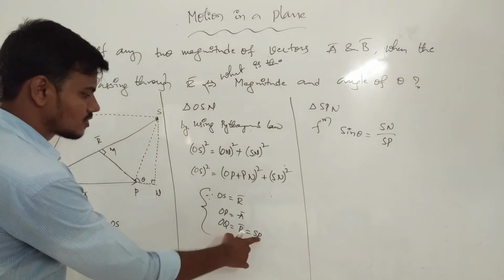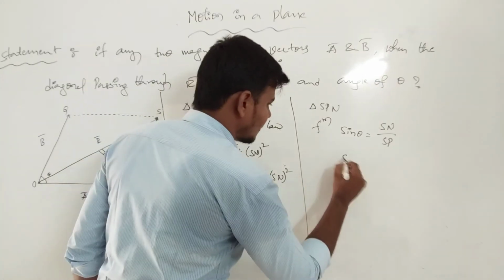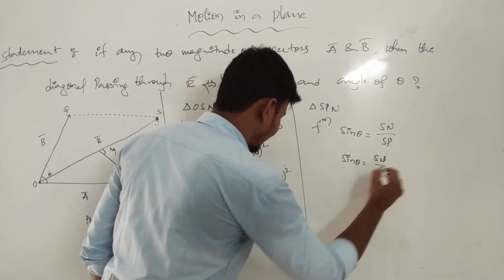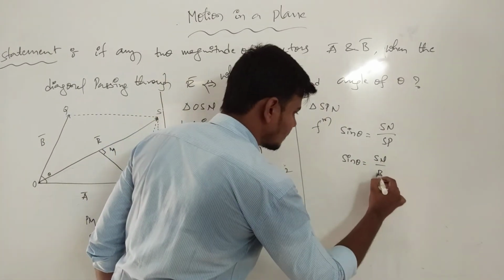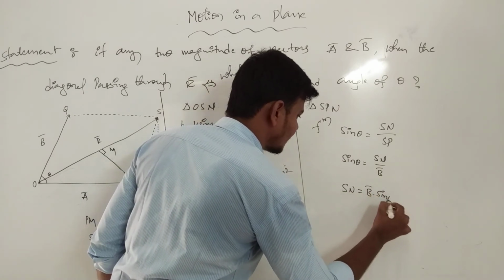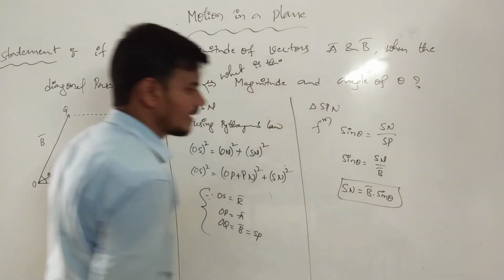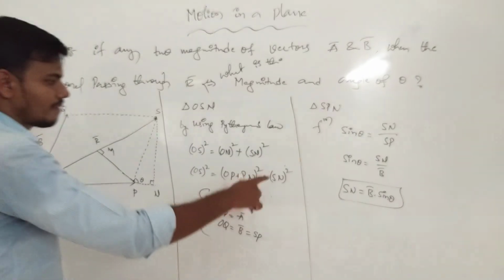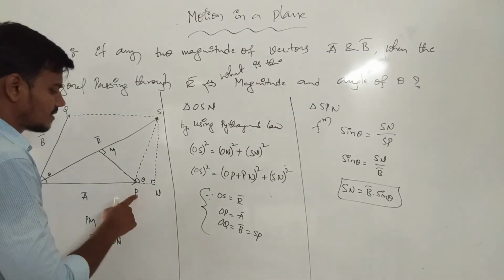Since SP is equal to B bar, sin theta is equal to SN by B bar. Now SN is equal to B bar sin theta. This is the SN in the sin theta representation.